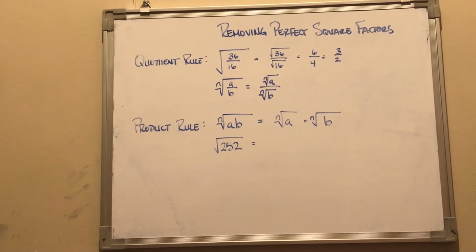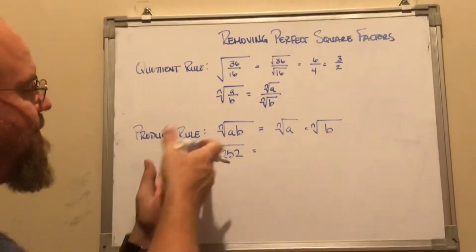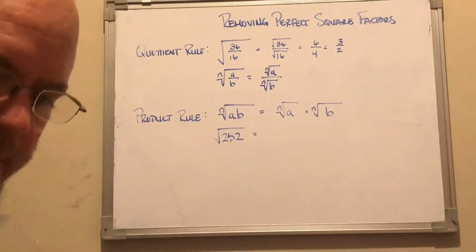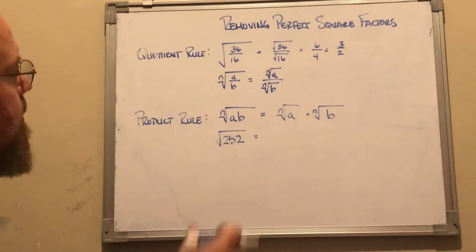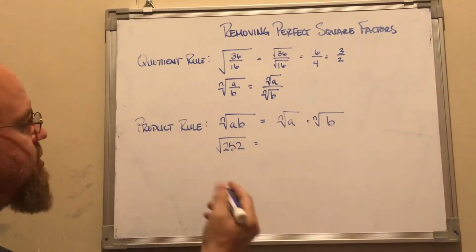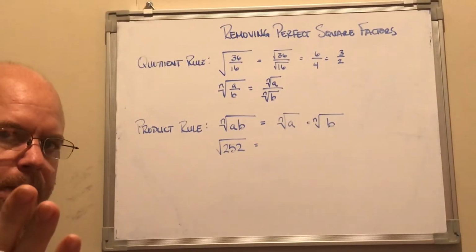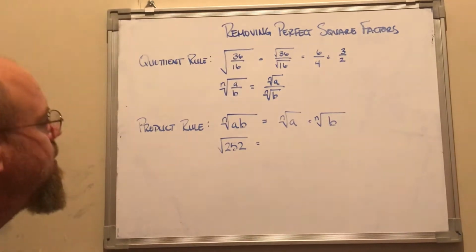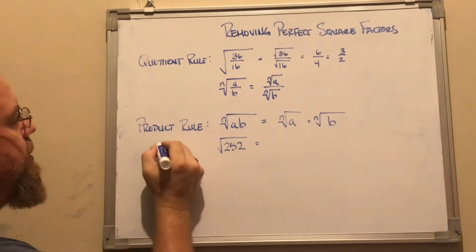I don't. I have no idea. So we are going to factor 252 to find out what this equals. So to factor it, I don't know, do you guys remember doing prime factoring? You should. So all we do is we prime factor 252.